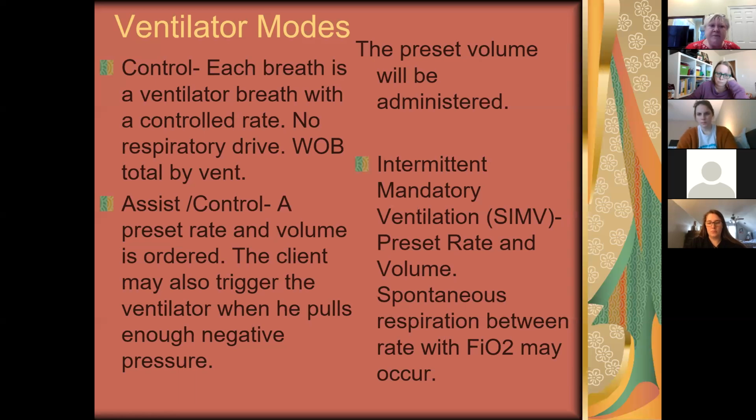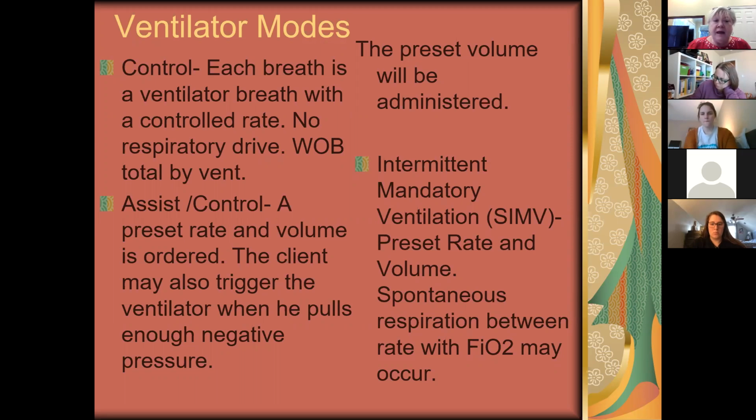However, if the patient has some respiratory drive and decides to breathe on their own more than 16 breaths that the machine is going to give them, when the machine perceives or detects that they took a breath on their own, they will assist that breath and make its tidal volume also 600 mLs.